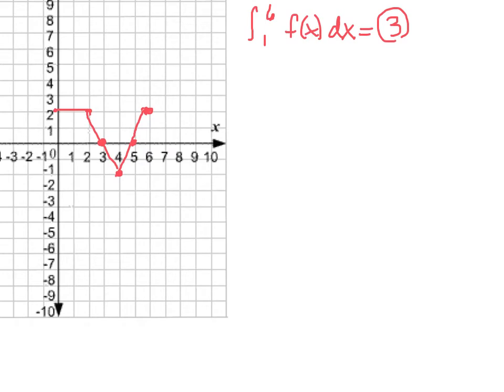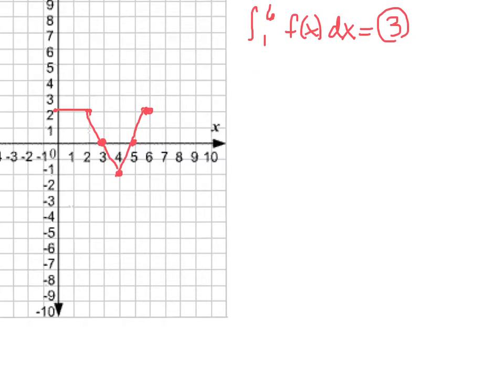So now, in this case, you were given a picture, and be very careful with this one because it's asking you to integrate. Look right here. It's asking you to integrate just from 1 to 6, not from 0 to 6.